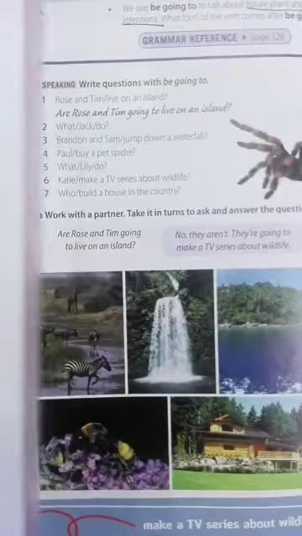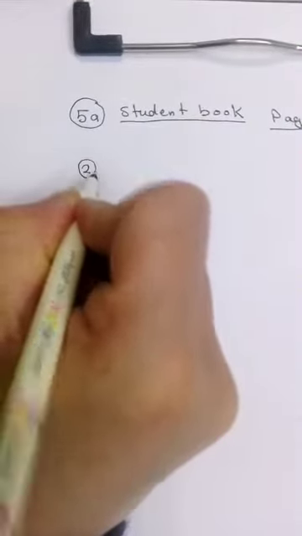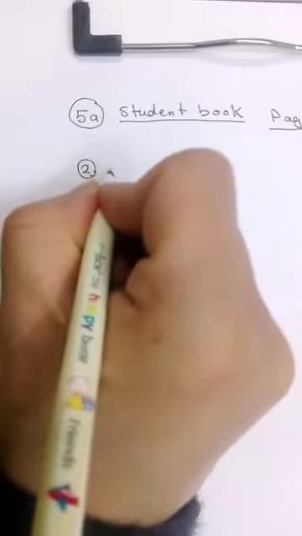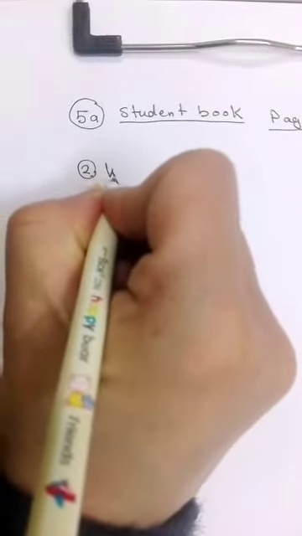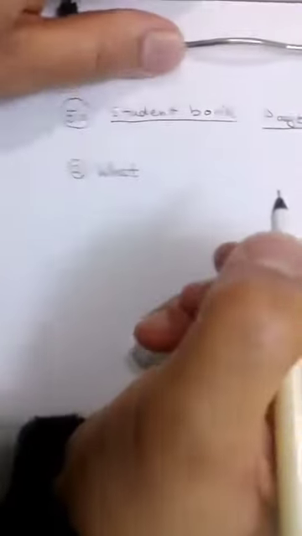We have here the WH question. This is number 2. So what should we write at the beginning? We should put the WH question. It is what? And we have here Jack. Jack is a singular noun. What should we put? Is.